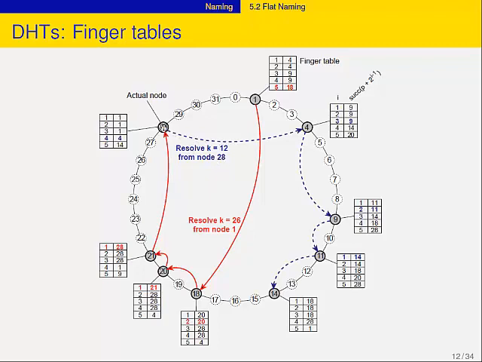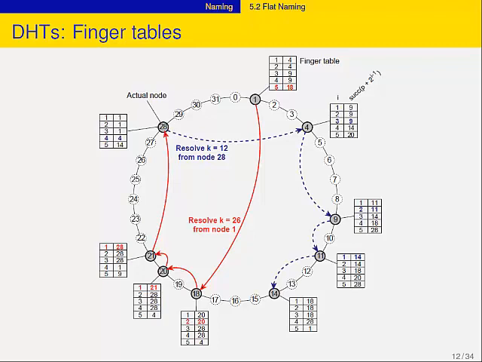So what this means is there's a client out there that contacted 28, says, hey, where's the file with key 12? What happens?